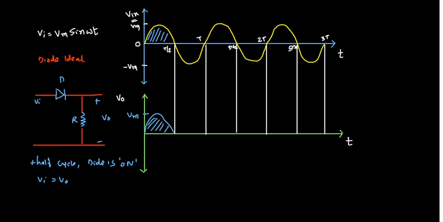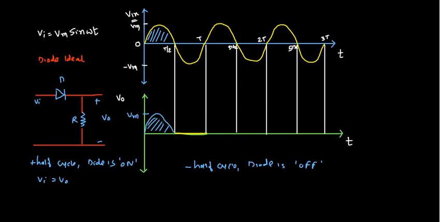Now for the negative half cycle, the diode is off. So at that time the output will be 0. Here we are getting some positive value, and this one is 0.